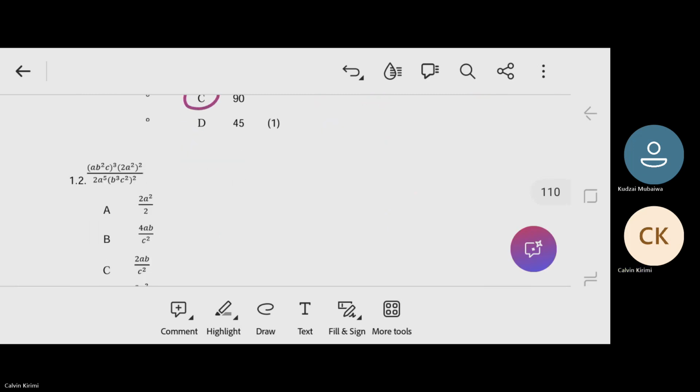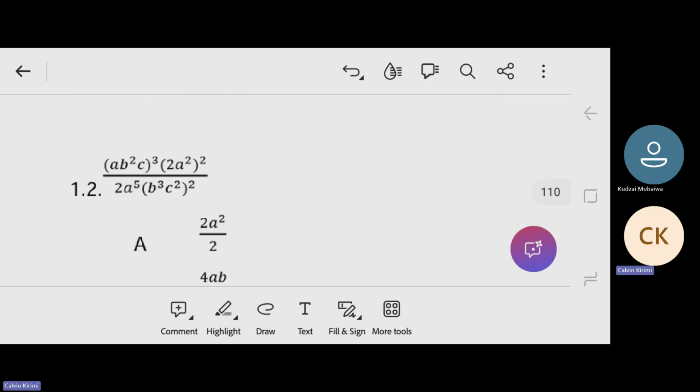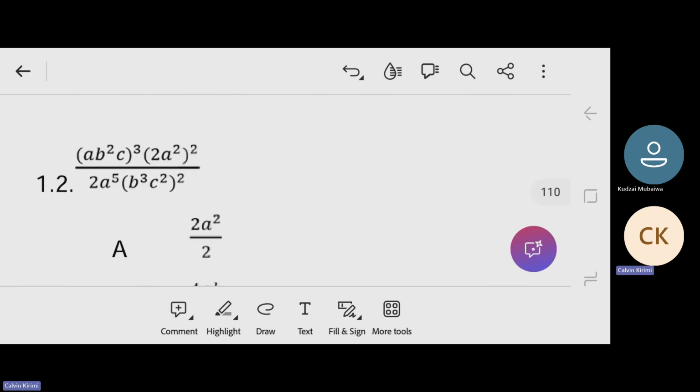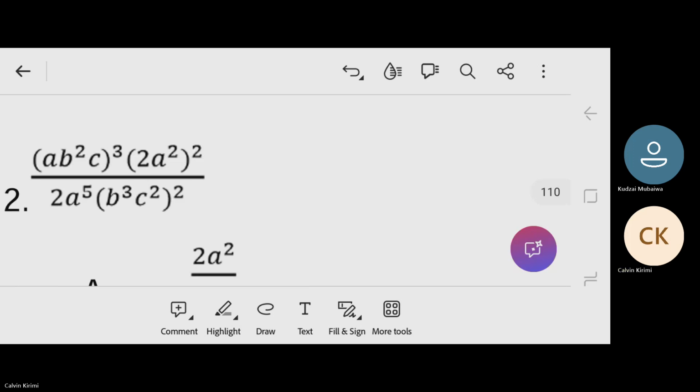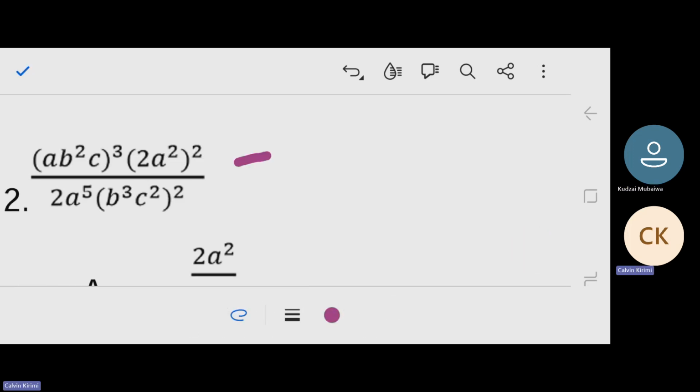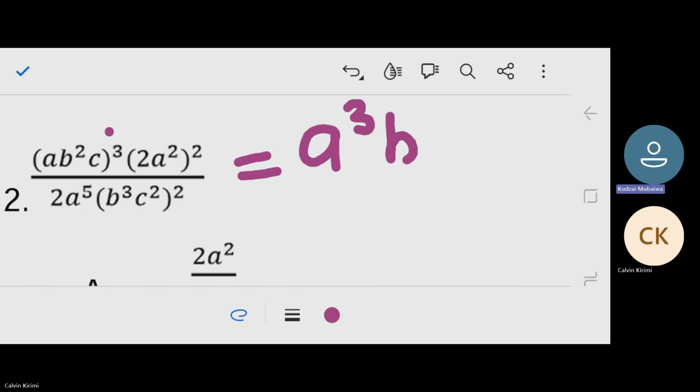Then let's simplify this one. What is the answer? Let's expand it together. Let's start by multiplying by that exponent. A cubed multiplied by b to the power 5?